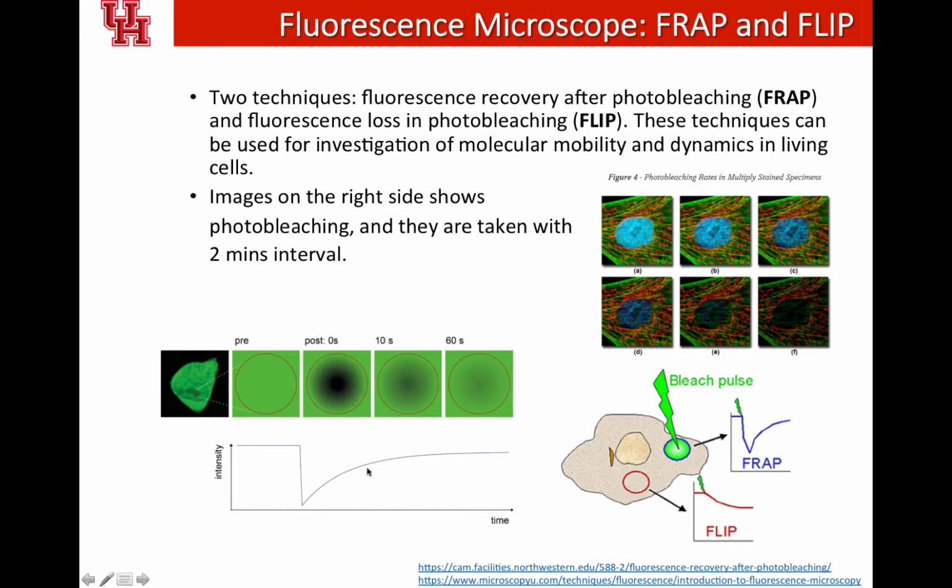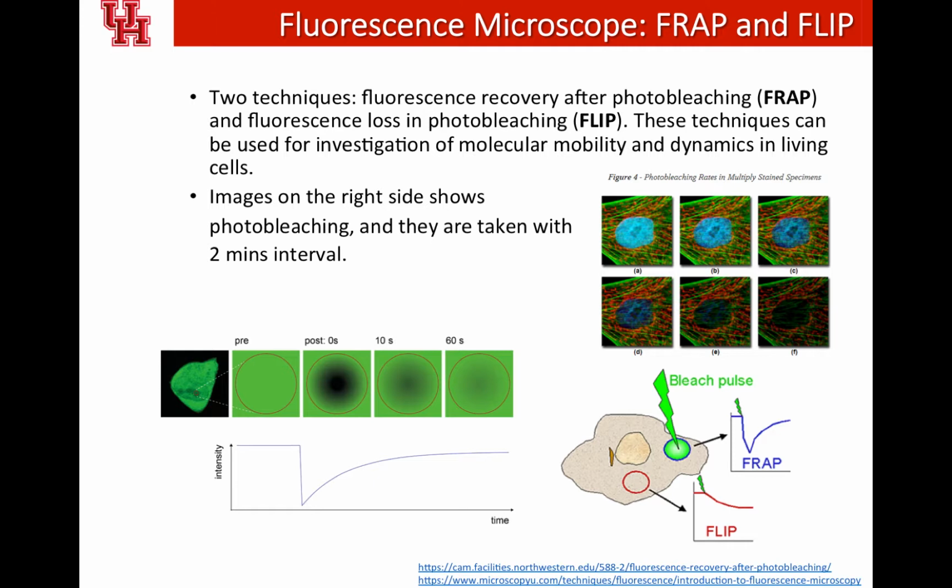After a certain time, like 60 seconds, it almost totally recovers. By doing that, you can study molecular mobility or dynamics in living cells. You can see how fast it diffuses back. That's very interesting and very important. So that's called FRAP.